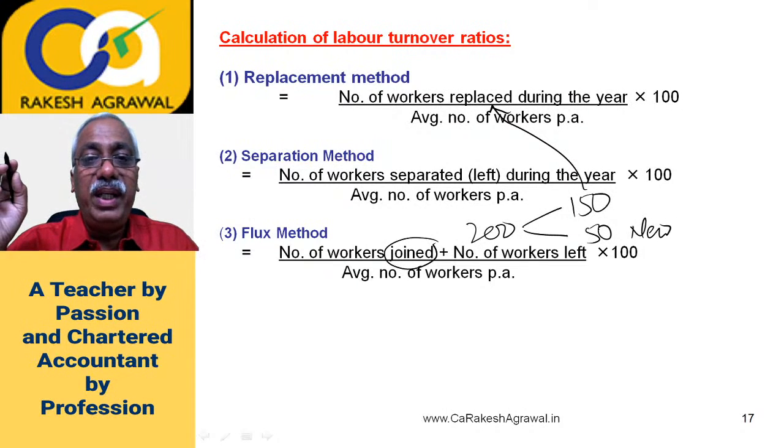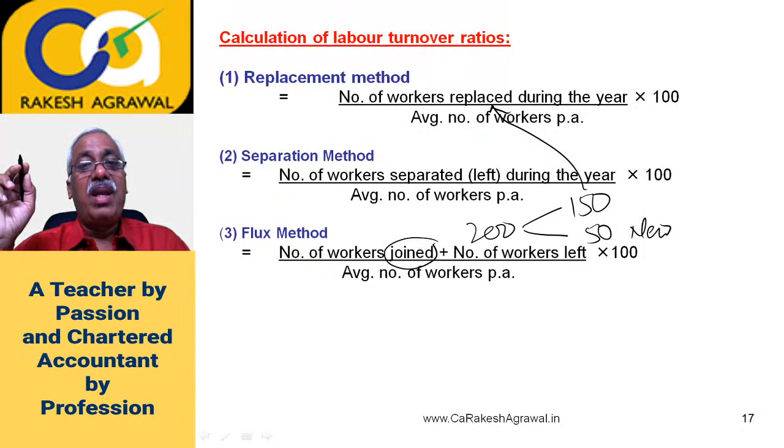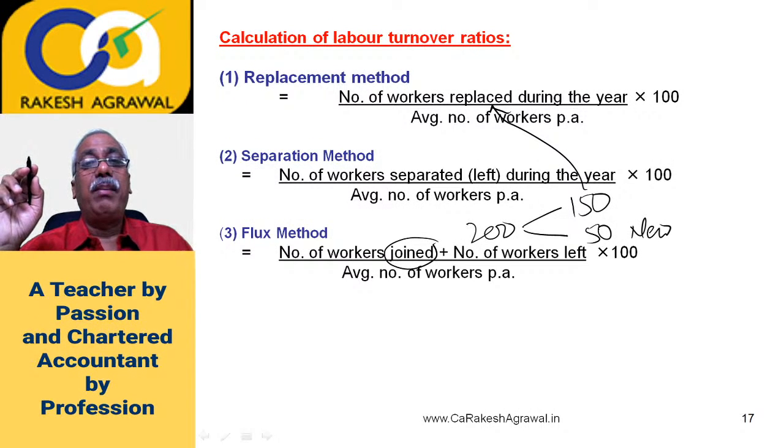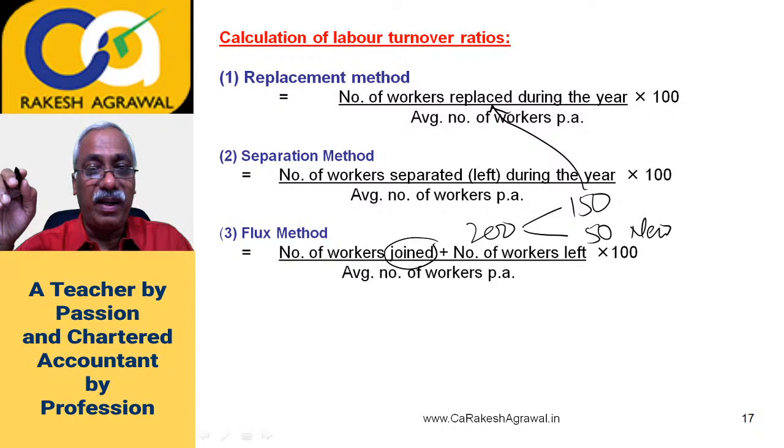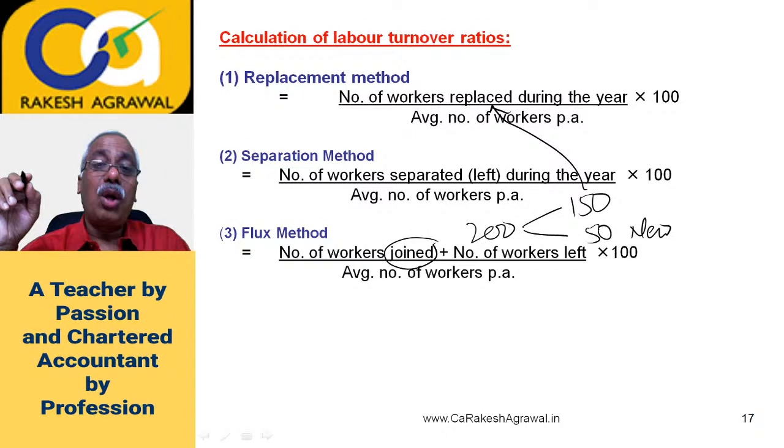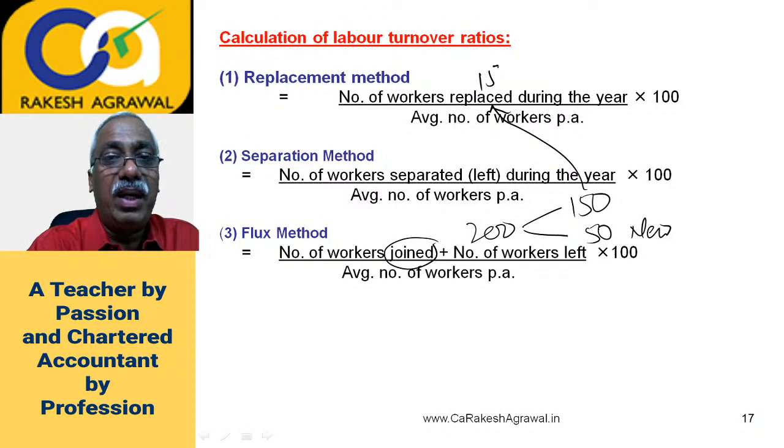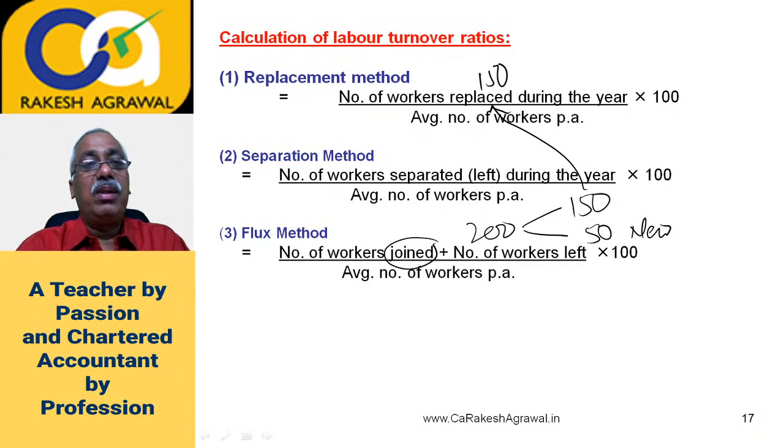So total workers joined are 200 in my organization, out of which 150 have come as a replacement of old workers and 50 have joined for the first time in the organization for new expansion or for a new factory. So in flux method, I will consider all workers joined, that is the whole 200, but in replacement, I will take only 150. Therefore, the answer of method 1 plus 2 may not always be equal to the answer of method 3. So you have to keep this point in mind carefully, because there is a lot of confusion in the printed literature about flux method.